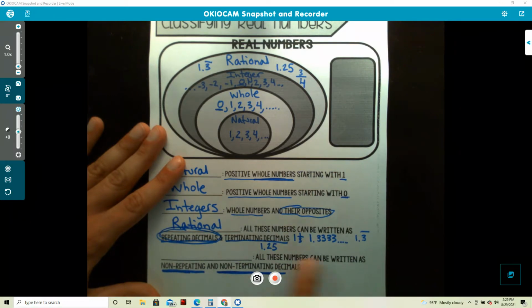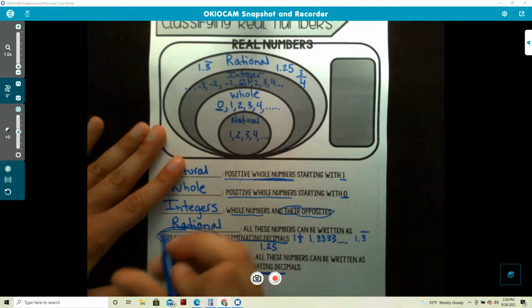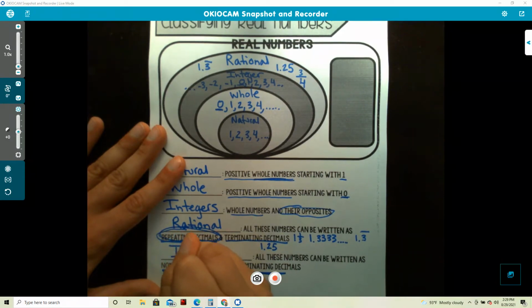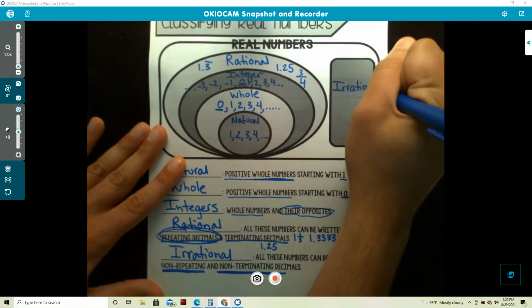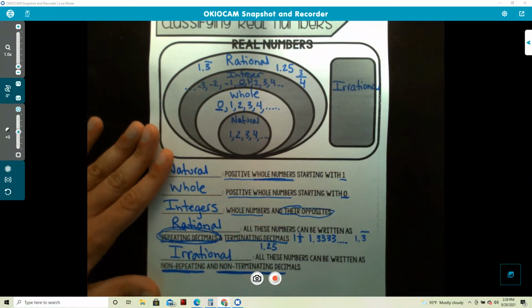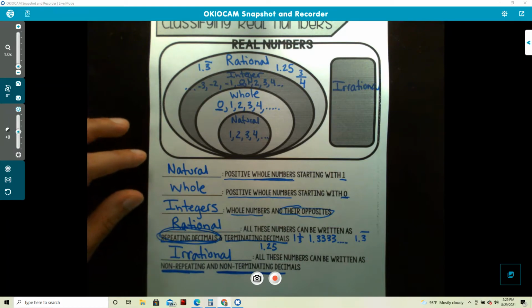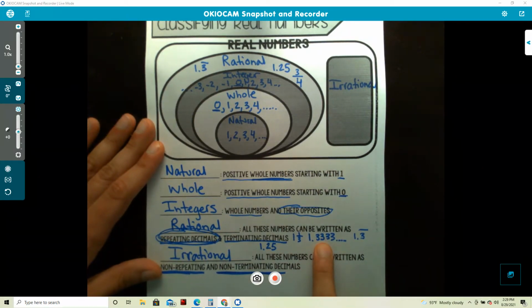All right, and then the last one is numbers that can be written as non-repeating and non-terminating decimals. Non-repeating means that it doesn't repeat, because if a decimal does repeat, it's considered rational. So this is what's called irrational, and this is going to be over here. Non-terminating means that it goes on forever.